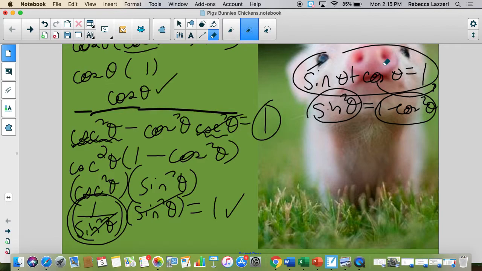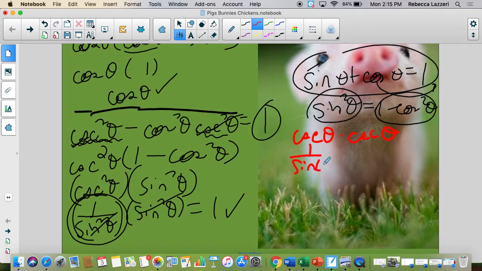So how was I able to call cosecant squared 1 over sine squared? That's because of this. If I have cosecant squared, doesn't that mean cosecant theta times cosecant theta? Yeah. All right, so that's 1 over sine theta times 1 over sine theta. And 1 times 1 is what? 1.